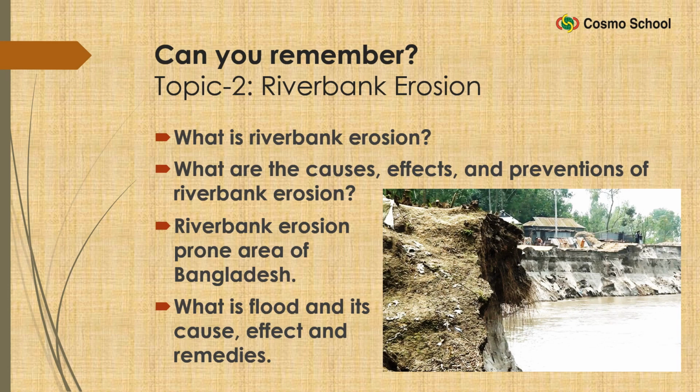What are the causes, effects and preventions of riverbank erosion? Riverbank erosion prone areas of Bangladesh, and what is flood and its causes, effects and remedies? I know you can remember those very well. Let me know if you have any problems regarding the same. Okay.